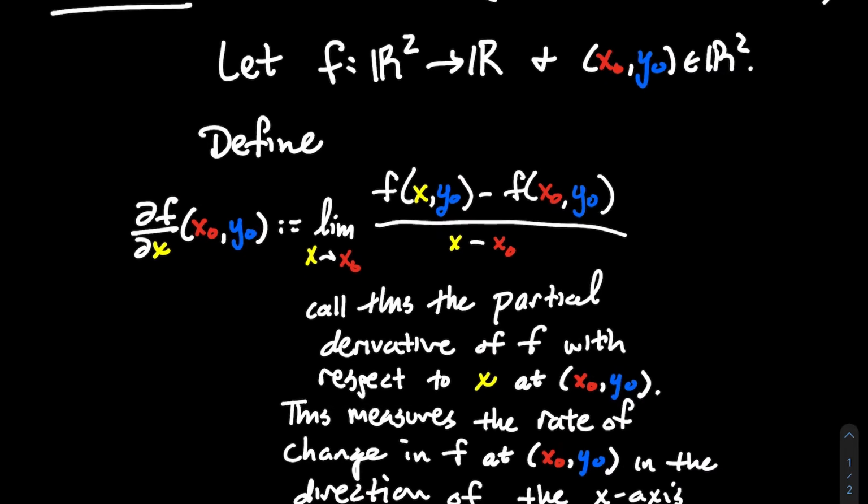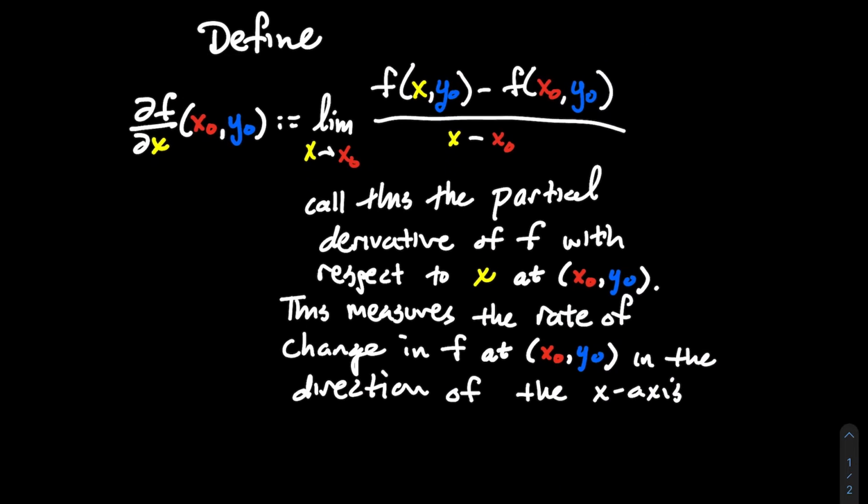And here's a way you should think about it. What does it do? It measures the rate of change in the function f at that point in the direction of the x-axis. I'm going to draw you a little picture in a second. When you think derivative, for real numbers anyway, you're used to Calculus 1 and thinking, oh, it's the slope of the tangent line, it's the rate of change in the function.